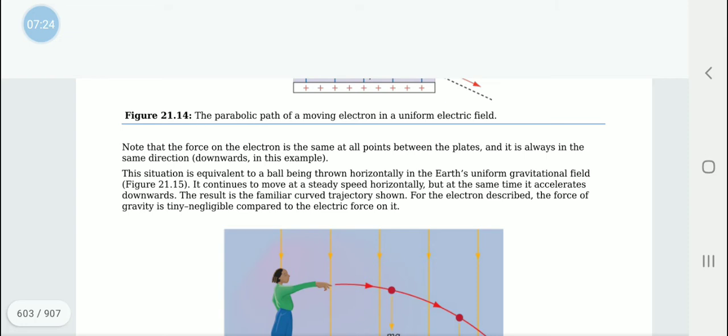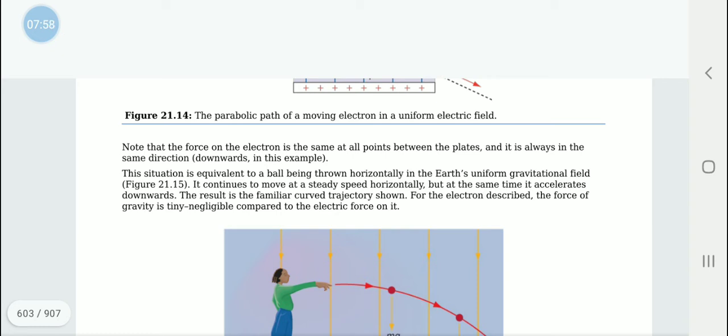The force on an electron by the electric field is quite similar to the gravitational field that would act on a ball being thrown horizontally or dropped.